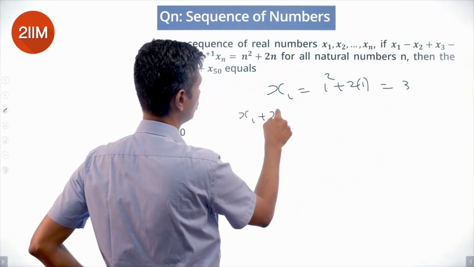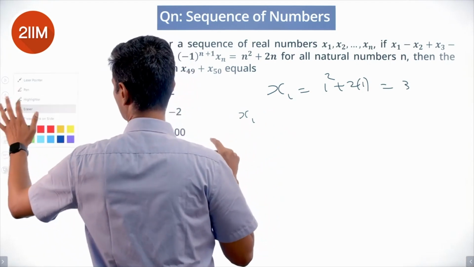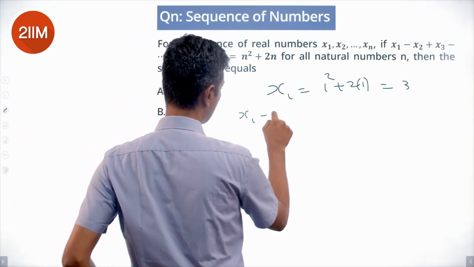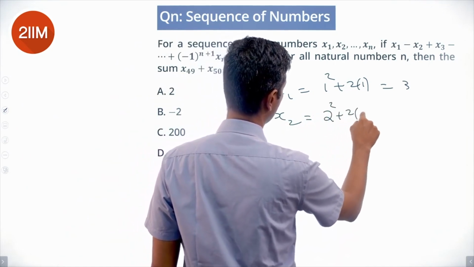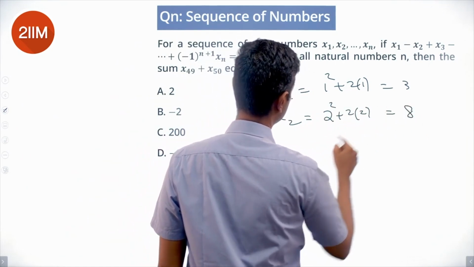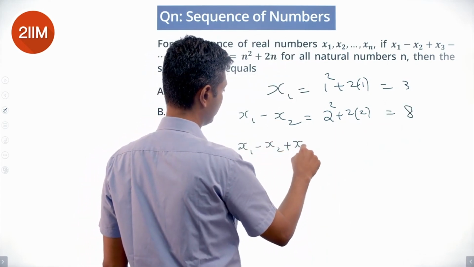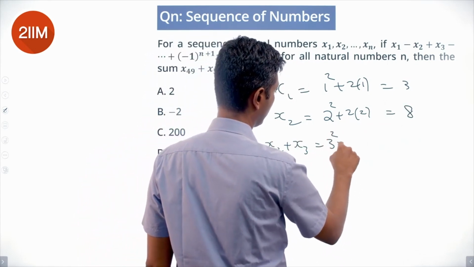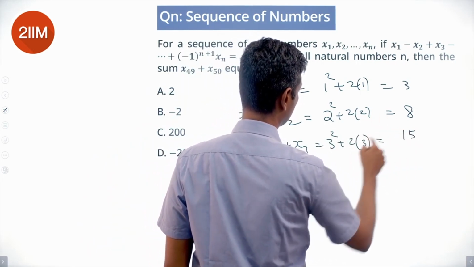x1 minus x2 is 2 square plus 2 into 2, which is 8. x1 minus x2 plus x3 is 3 square plus 2 into 3, which is 9 plus 6, 15.